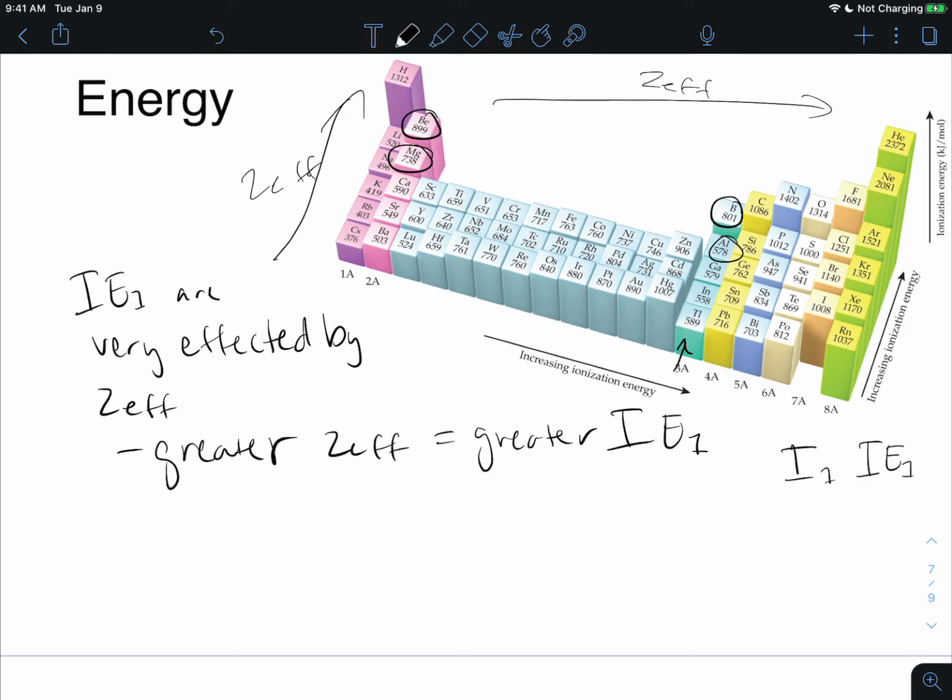So they dip down more than expected because you're removing an electron from a subshell that only has one electron, and by removing that electron, it becomes just a little bit more energetically favorable.